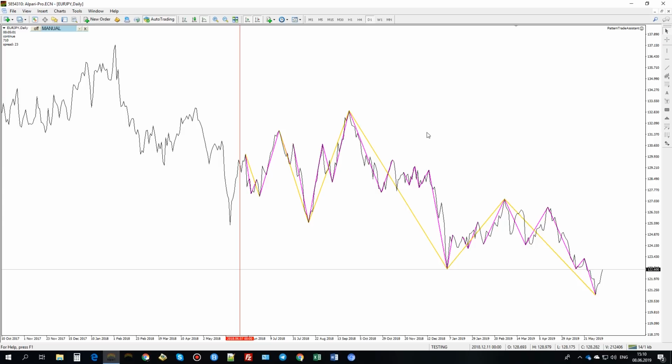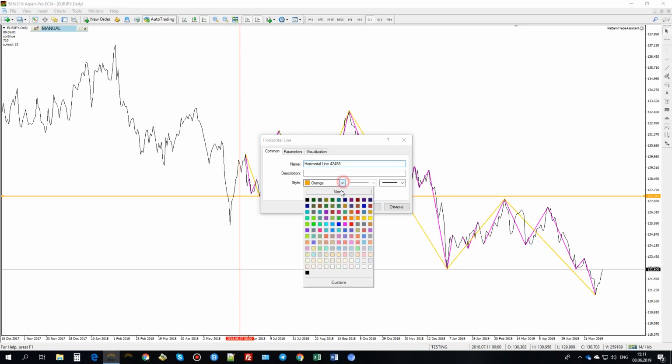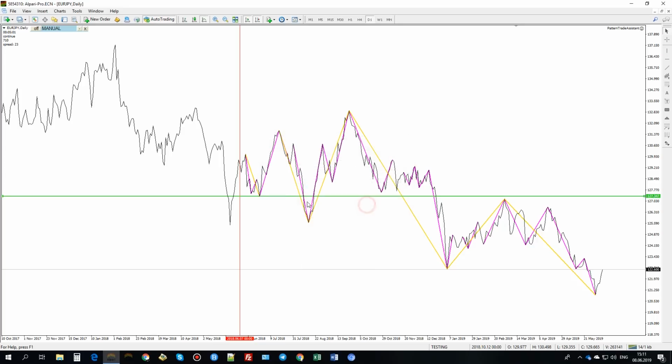You only pay attention to primary swings, to these gold lines. Highs and lows marked by these gold lines are your key reversal levels. Let these levels be lime. So here are your key support and resistance levels.